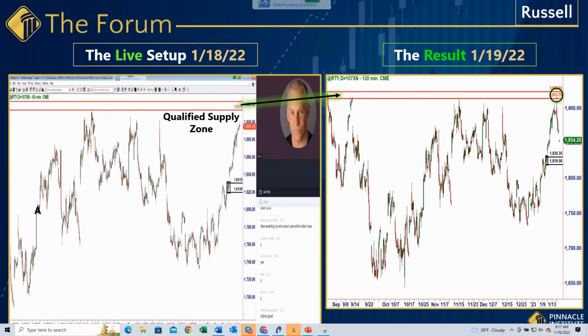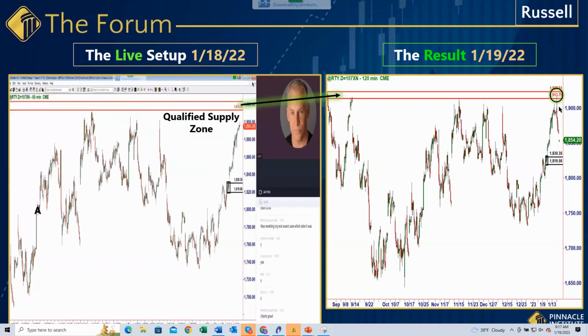Anyway, so if you look at the location of the supply zone, it's above all of this, right? Does that make sense? The supply zone up here is above all of that. And I just wanted to bring a quick example from the last couple days. The stock market just dropped yesterday and today.